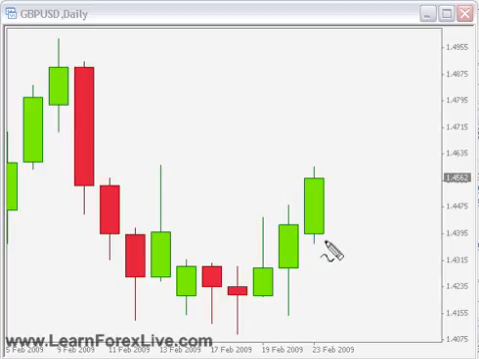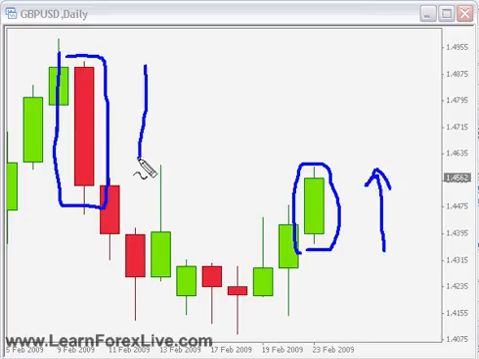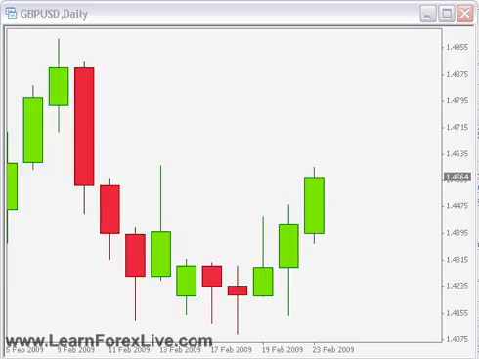So if you get a green candle, it means that price for this particular day has been moving up. If you get a red candle, it means that price has been moving down. Now, the open for the day in a green candle is the low end of the body. Okay, the close point is the upper end of the body.